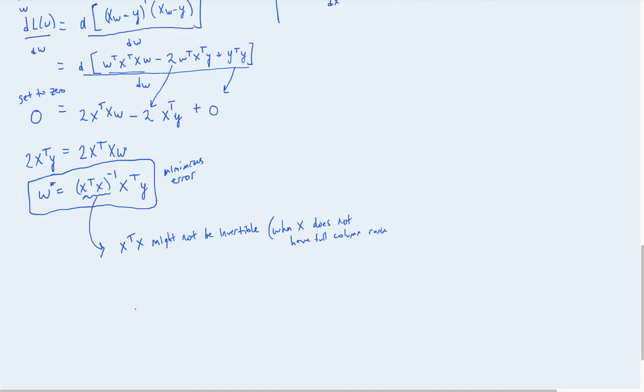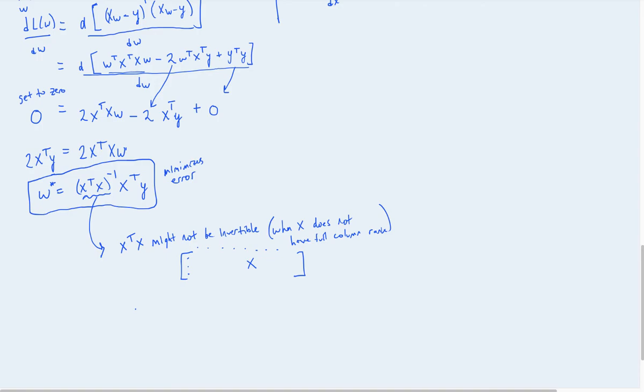So for example, if you have a data set that's really fat, meaning that it has many different features but only a couple data points, that will be the case. And so most of the time, if you have enough data and you don't use too many features, this will be fine. You won't have to worry about it.